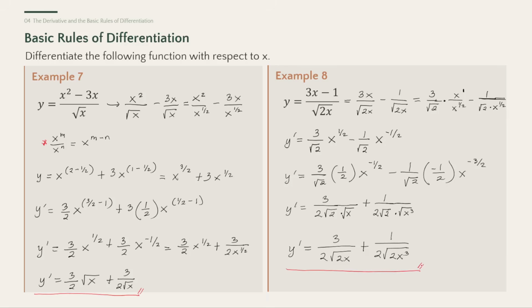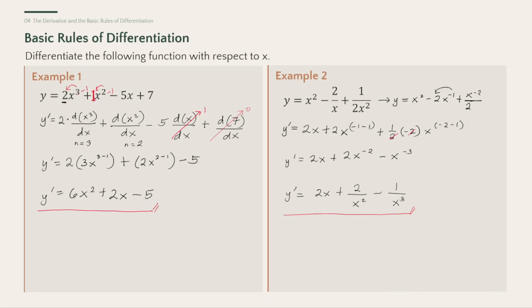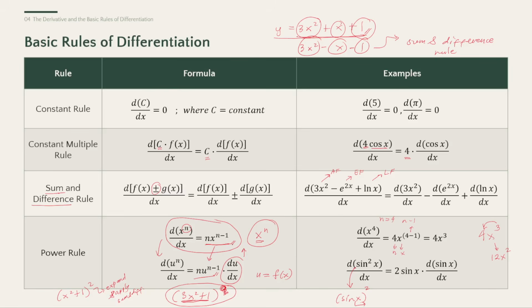Okay, now we have already solved 8 examples, but if you can notice, we only apply the first formula for the power rule. We only apply this with x raised to n. What if the given is u raised to n?